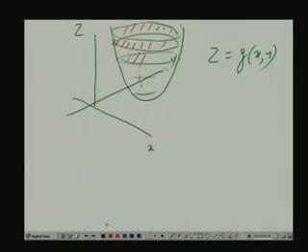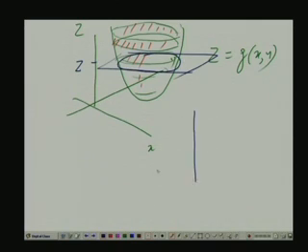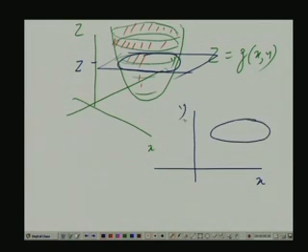So, in this case, take a particular z. If you pass a plane parallel to the xy plane through this z, it will cut this surface on a contour like this. Then from z, I go up to z plus dz, again I pass a plane through it.